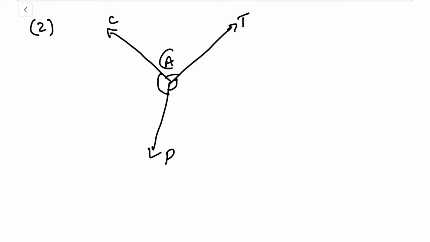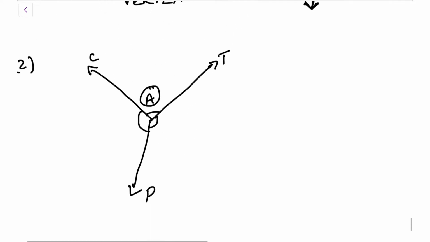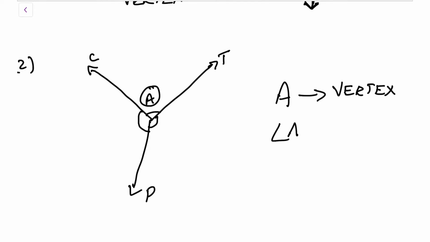At A. So A is your vertex. Because 3 angles are formed at vertex A, they cannot be named by a single letter as angle A. We have to use 3 capital letters to name them.